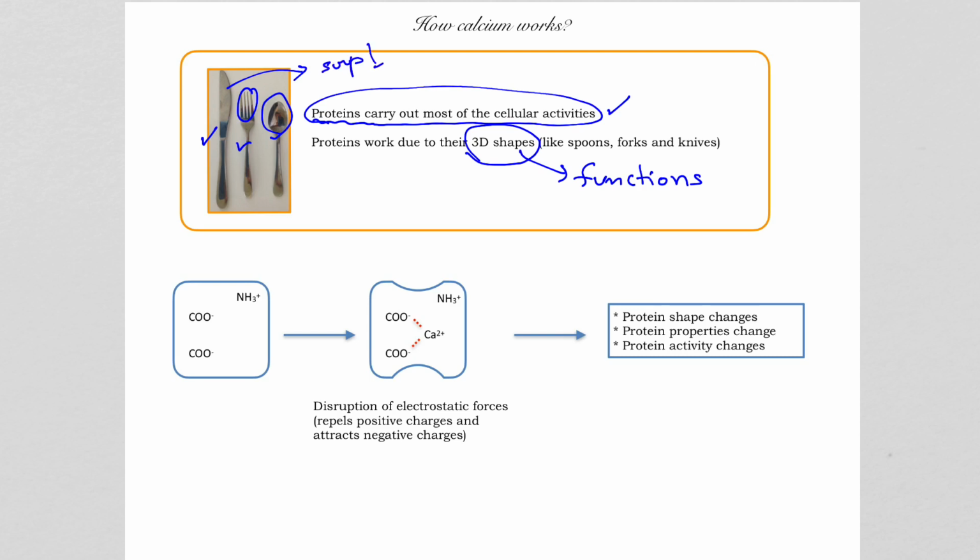You can always try that, but that will be a very frustrating experience. So similarly, proteins, whatever the function is, it's because the protein has a certain shape, and the shape can also change. So that's the beauty about proteins.